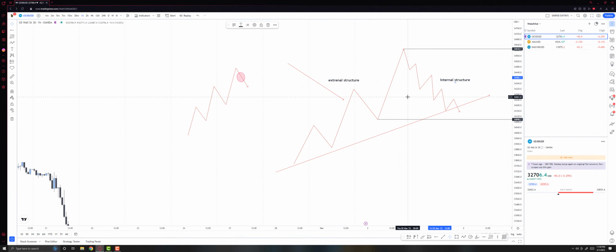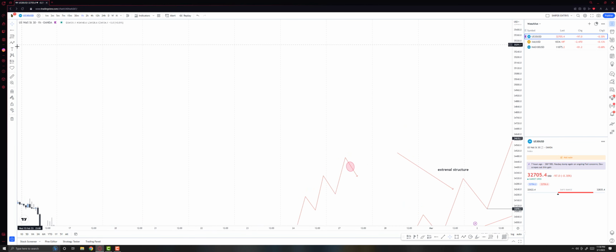All right, so one more time, external structure and internal structure. When it comes to market structure, we're going to see higher highs and higher lows. Every time the market does a pullback or a correction, those pullbacks are going to be reflected in the lower time frame as a minor trend, a downtrend.